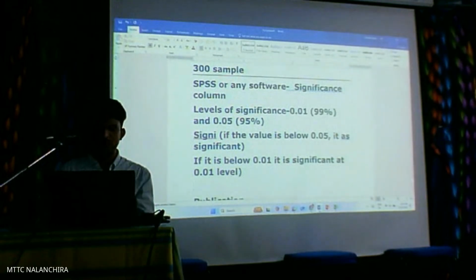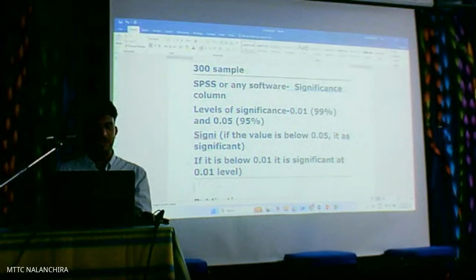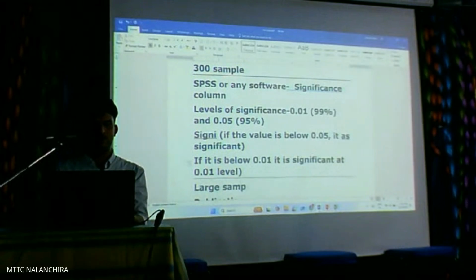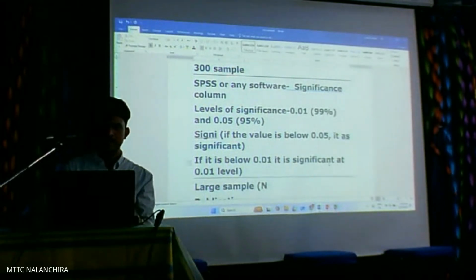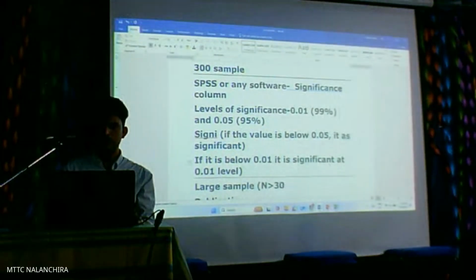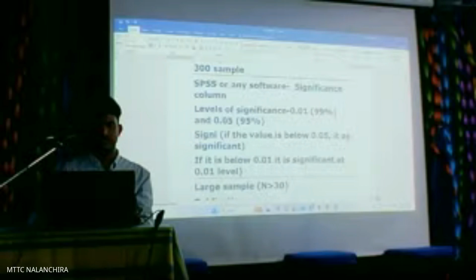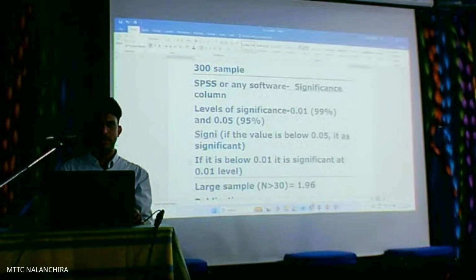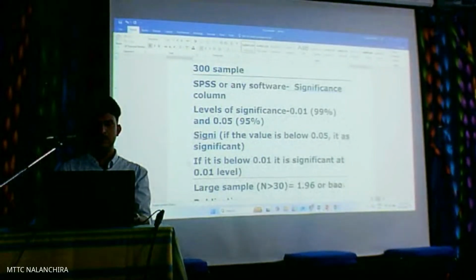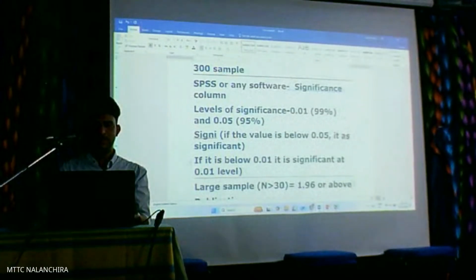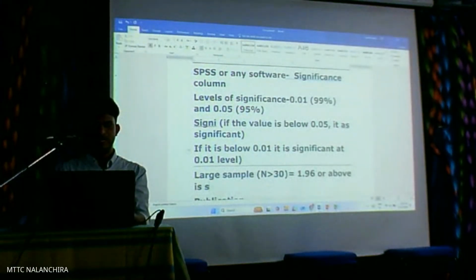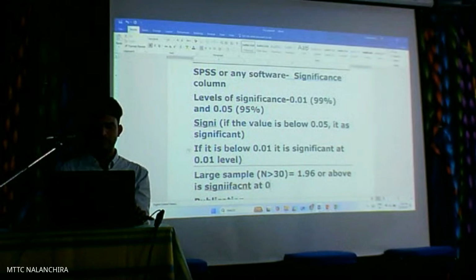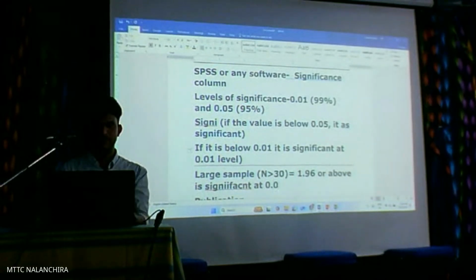If there is no software and we are using it manually for a large sample, where n is above 30, which is considered a large sample in statistics, then a fixed value of 1.96 or above is considered as significant at 0.05 level.